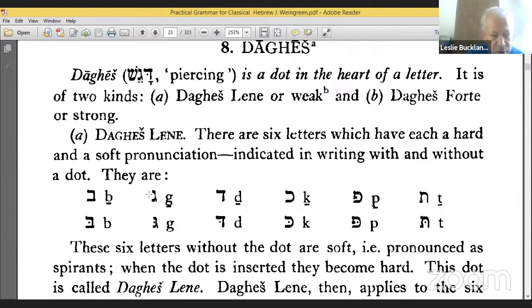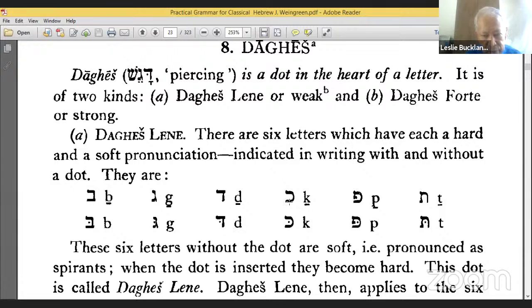Gimel without a dot has a soft sound, but when you put the dot in, it has a hard G sound. Without the dot, Daleth is a TH sound, but when you put the dot in it, it's a D sound.